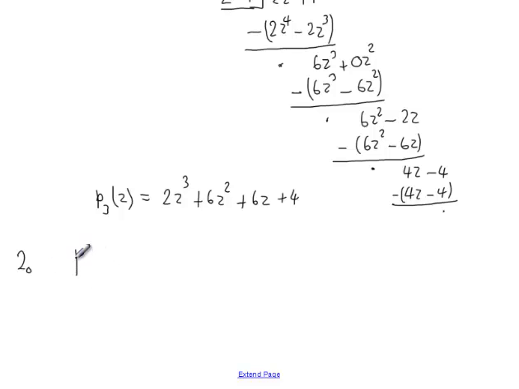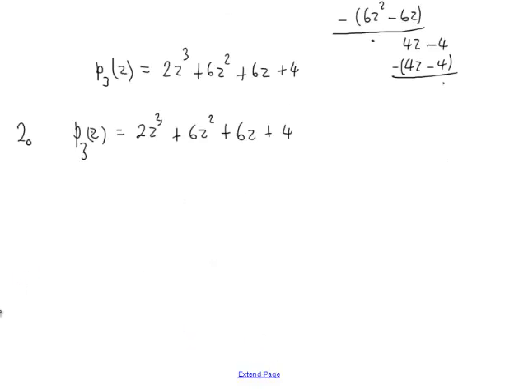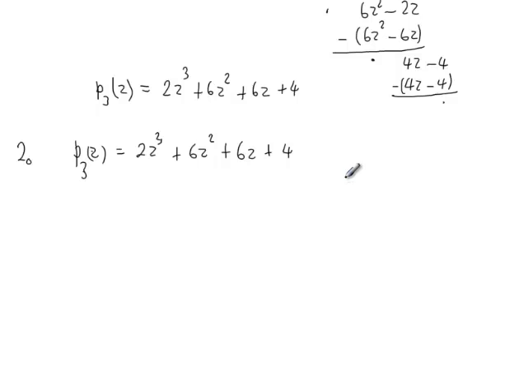So in step number 2, we're dealing with our P3 of Z, and this is 2Z cubed plus 6Z squared plus 6Z plus 4. Again, we go back to that theorem.